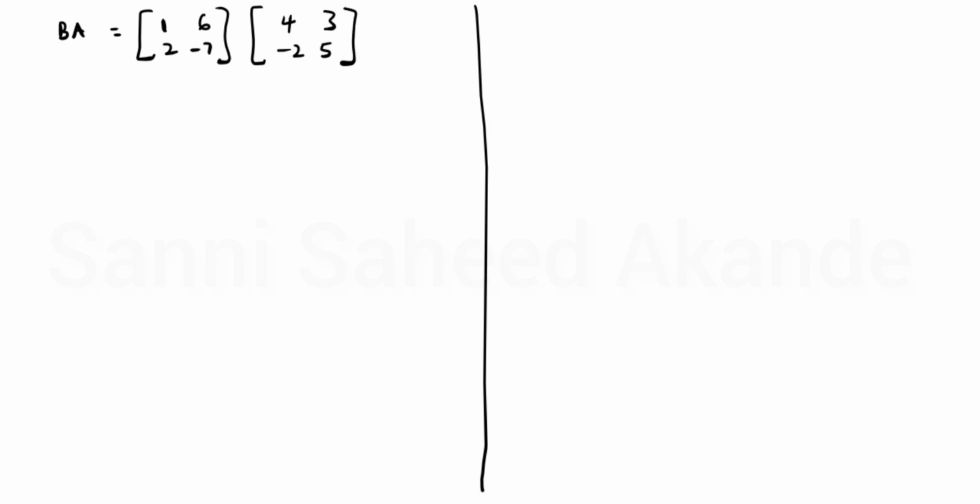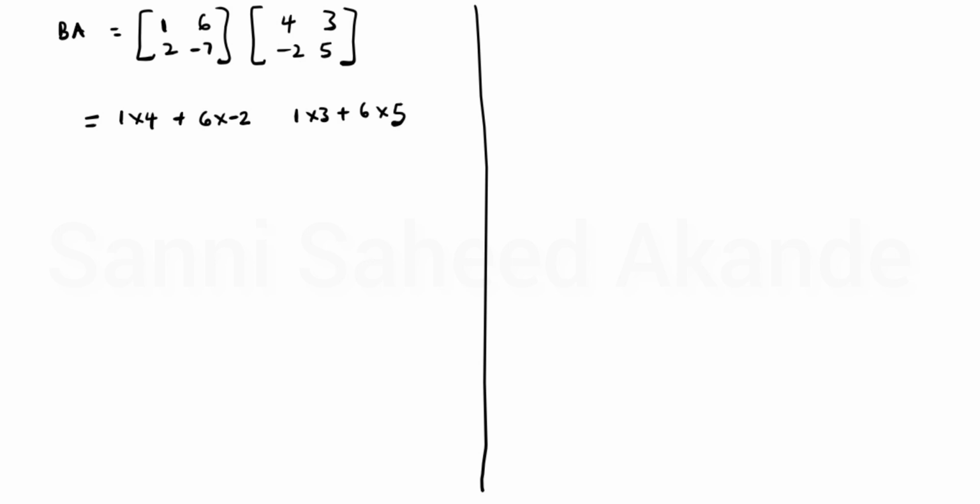So now let's multiply together. So the first row, as usual, multiply by the first column. Okay, and that will be 1 times 4 plus 6 times minus 2. Then the first row again multiply by the second column, that is 1 times 3 plus 6 times 5.